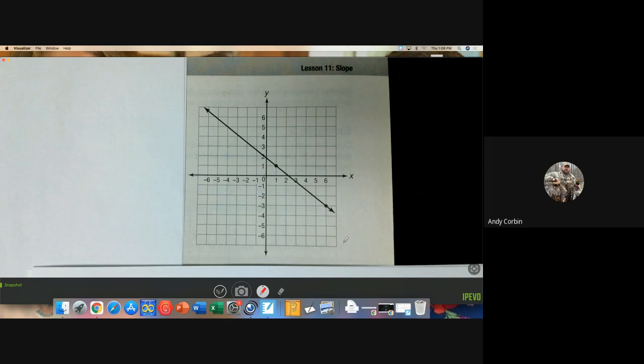See if your points are at 1, 1 and 6, -3. They are. Then what do you count? 1, 2, 3, 4. 1, 2, 3, 4, 5.